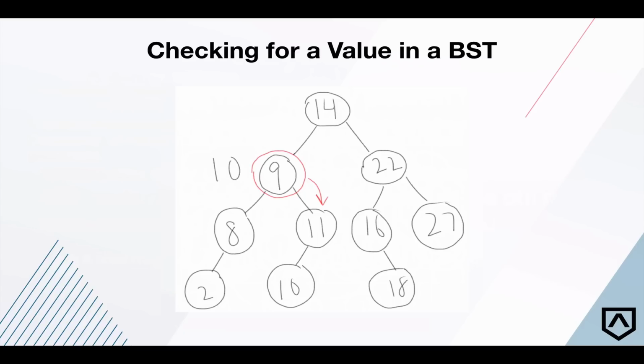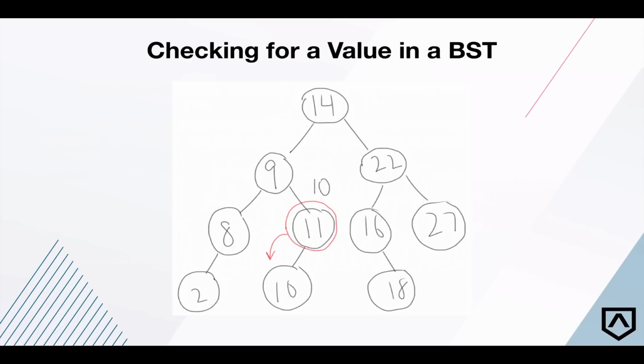So if 10 is going to exist at this point in the tree, it's going to exist on the right side of 9. Now that process continues, we compare 10 with the next value in our tree, 11. And since 10 is less than 11, we know that if it does exist in the tree, it's going to have to exist on the left side, not on the right.